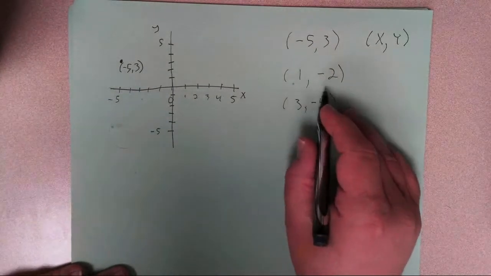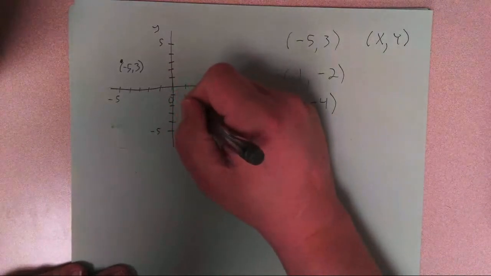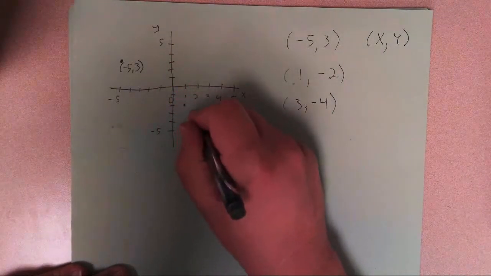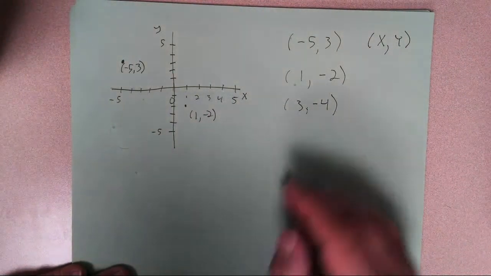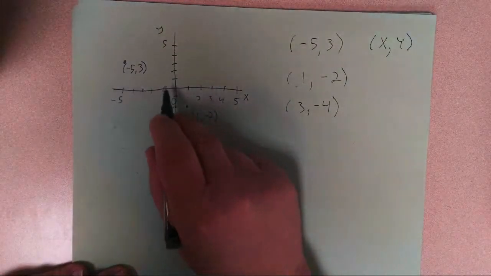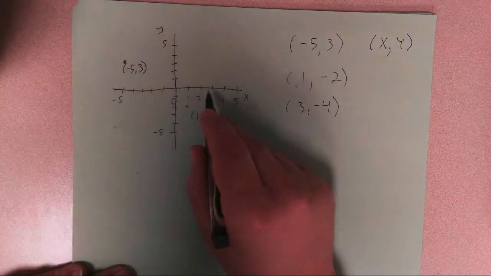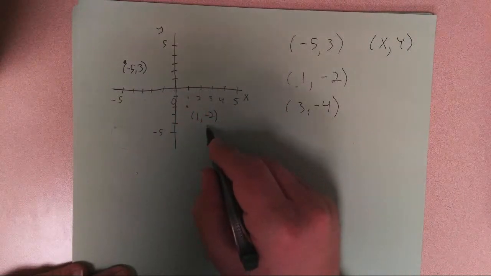So 1, -2, I'm going to go over 1, down 2. So that'll be 1, -2. 3, -4 will be going over 3 and down 4. So that would be like this.